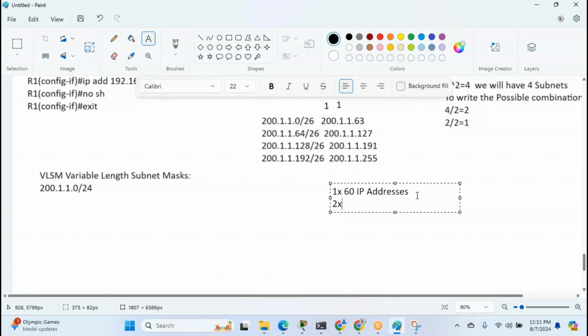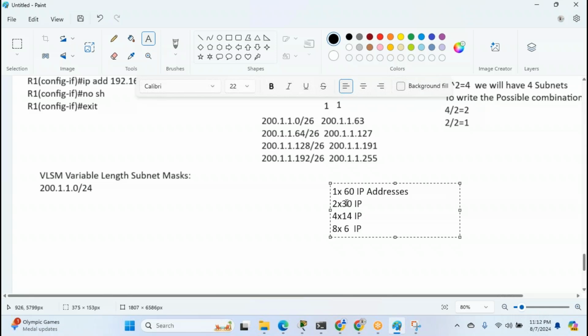We need two subnets of 30 IPs. We need four subnets of 14 IPs. We need 8 subnets of 6 IPs.